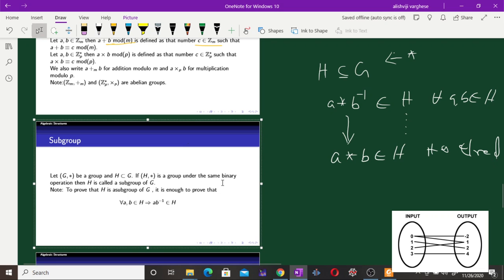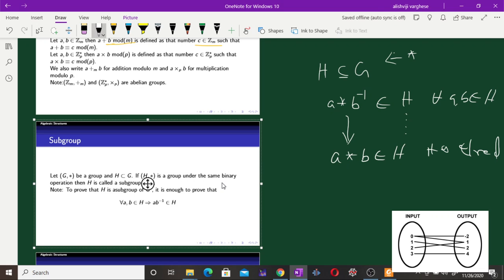If H is not finite, we just need to prove that a star b inverse belongs to H for all a, b belonging to H. Remember, a and b are elements of H, and they are also elements of G, and therefore b, being an element of G, has an inverse.